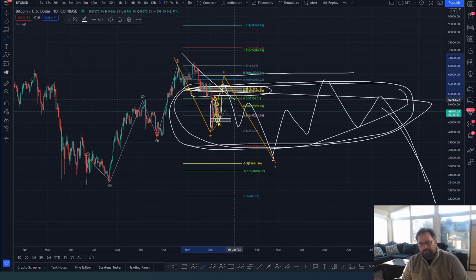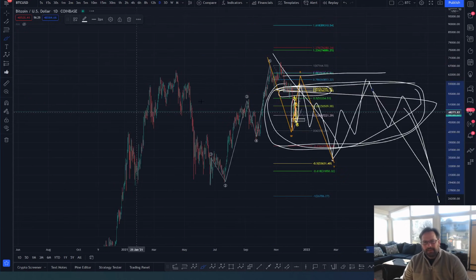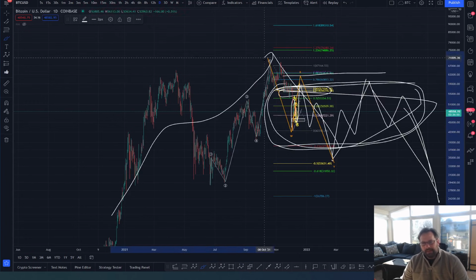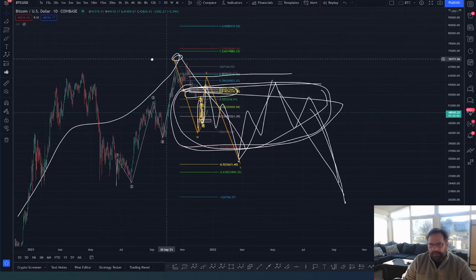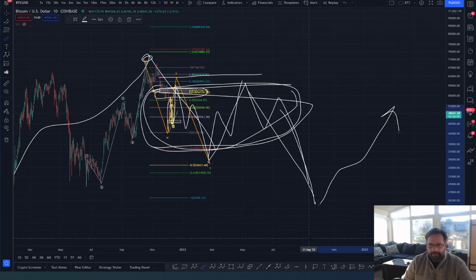All right. And that would be a 3-wave move right there. Finishing up and correcting this bull move that came. Okay. Once all of that completes, then we would be poised to begin thinking about maybe going up to higher targets in a couple of years.